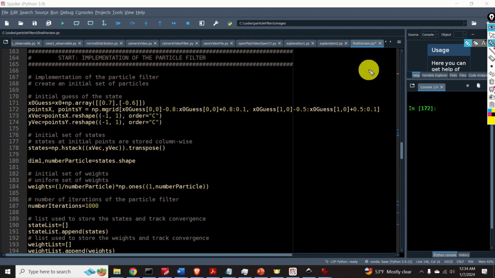Next, we will explain the implementation of the particle filter. The first step is to create the initial set of particles. And here is our idea for creating the initial set of particles. We will create an initial set of particles that look like this. The states are points in an evenly spaced grid.